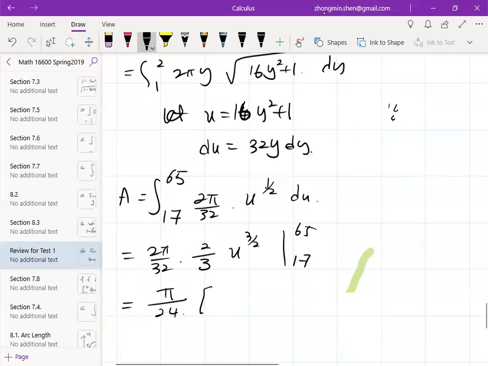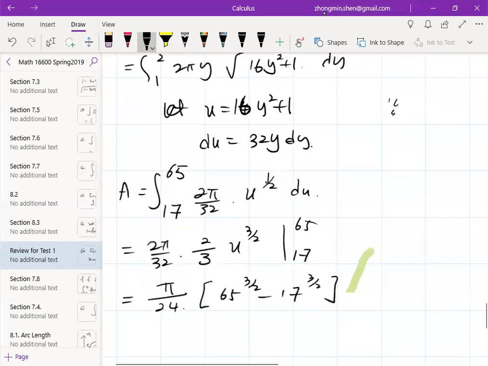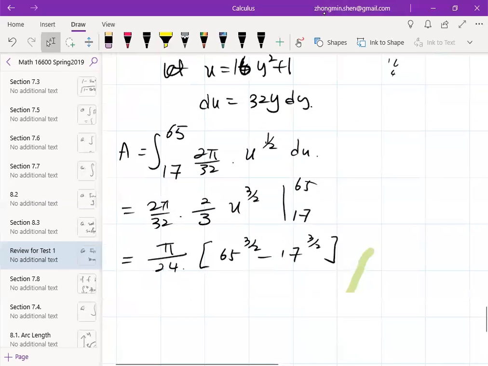Right. So it's going to be pi over 24 times 65 to the 3 over 2 minus 17 to the 3 over 2. So that is the answer. Okay, it's a pretty strange number. But more likely I can end up with a number like that. Okay, but we're still able to evaluate the integral.